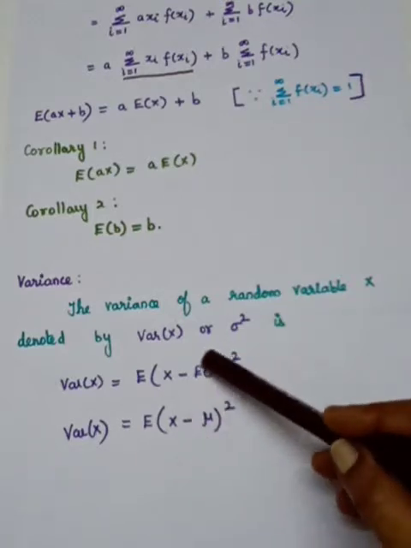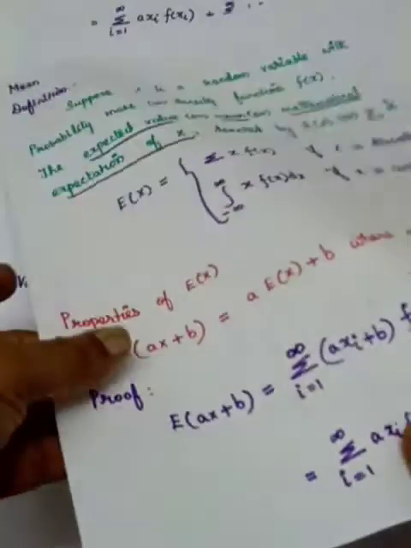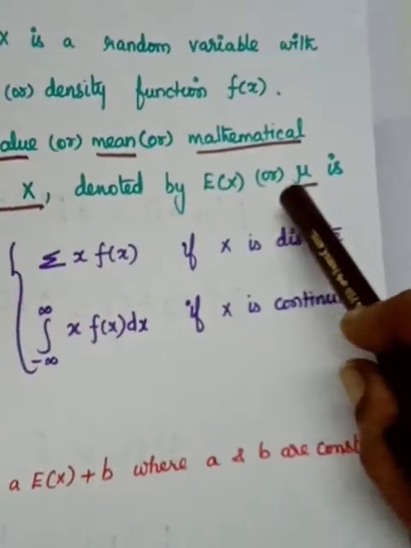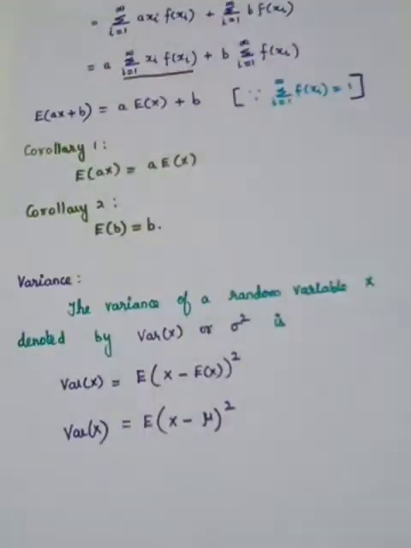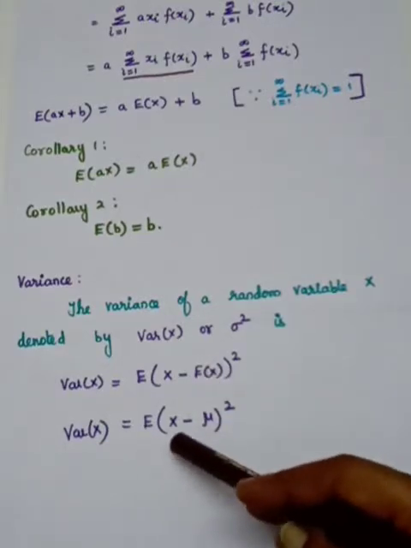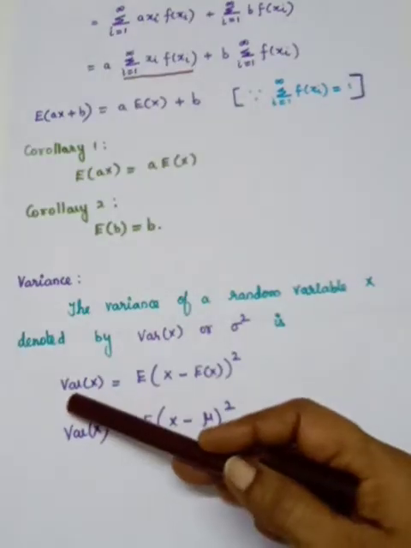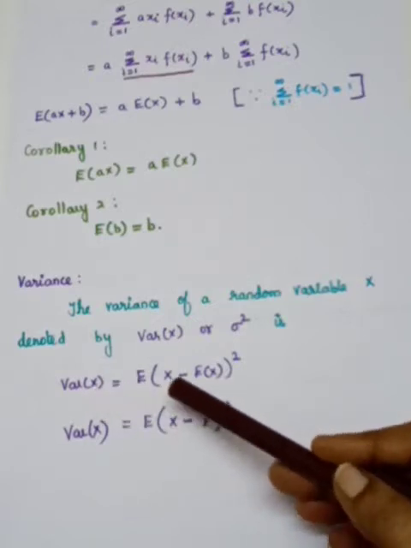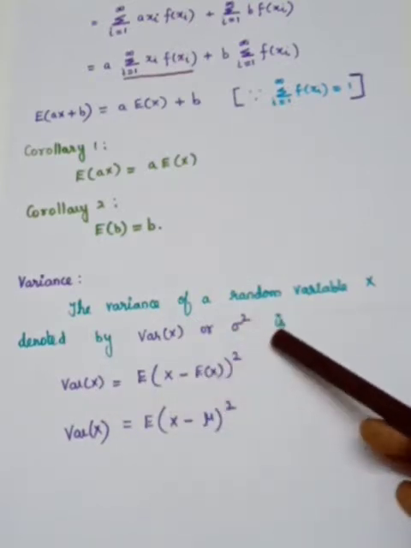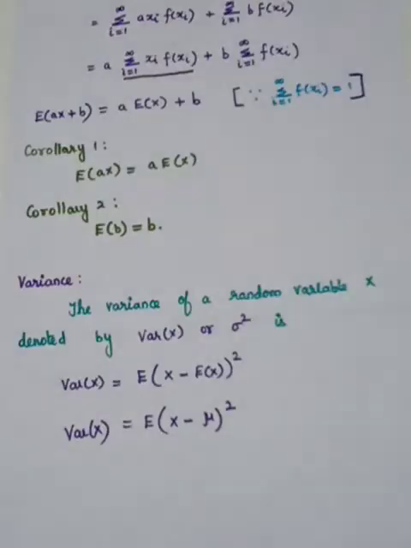Otherwise, what is E of x here? E of x, the expected value, we can denote by the symbol mu. Mu is nothing but E of x. So in the place of E of x you can substitute mu. So that is E of (x minus mu) the whole squared. So the variance of x is denoted by var of x, that is E of (x minus E of x) the whole square, or E of (x minus mu) the whole square.